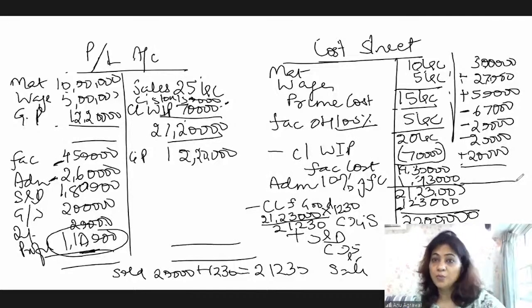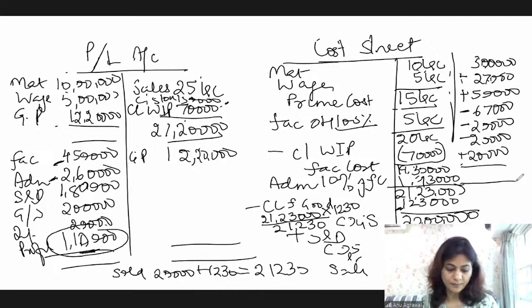Let us see, do we get the finance profit? Let us check it out. 3 lakhs plus 27,000 plus 50,000 minus 67,000 minus 20,000 minus 20,000 plus 20,000.